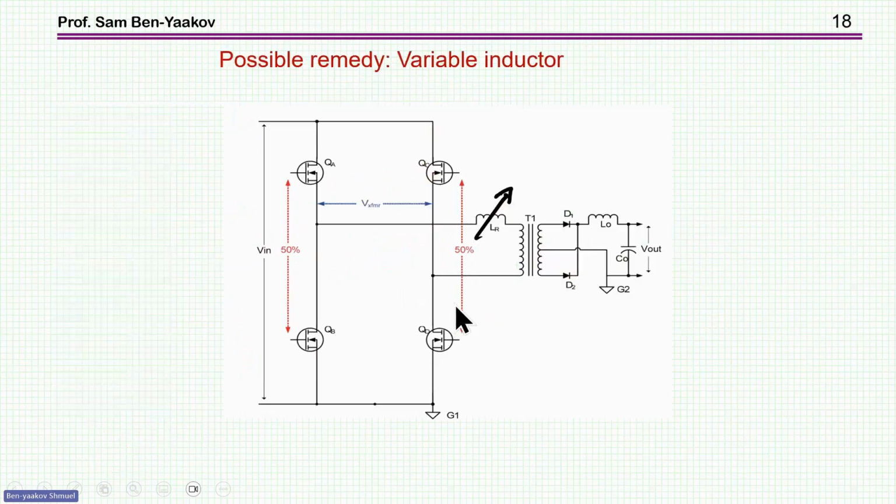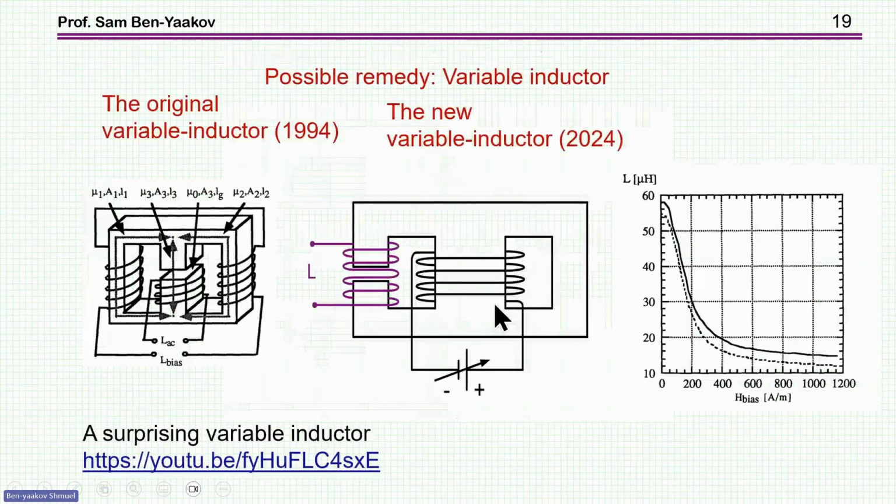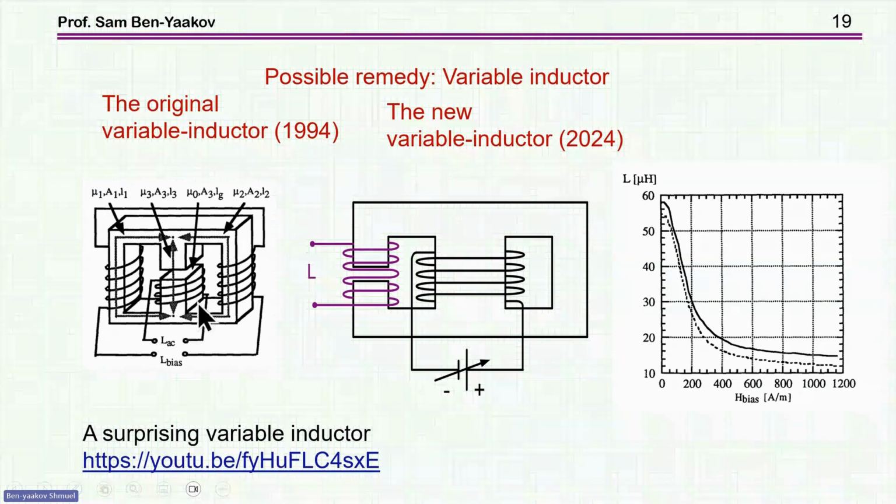Too large will cause a duty cycle limitation, which is also very bad because you need a certain duty cycle for operation. So this is the idea and why we can be helped by a variable inductor. Now, there are actually two variable inductors that have been published by me, as a matter of fact. Now, this was published many years ago, 1994, okay, 30 years ago.